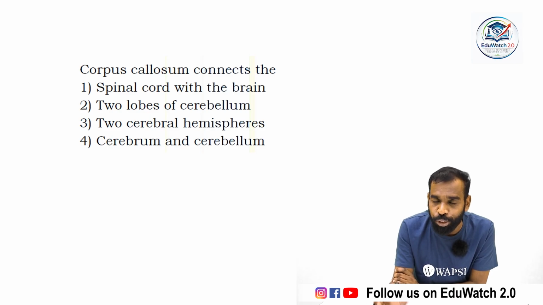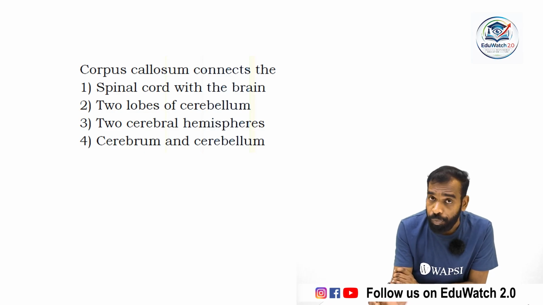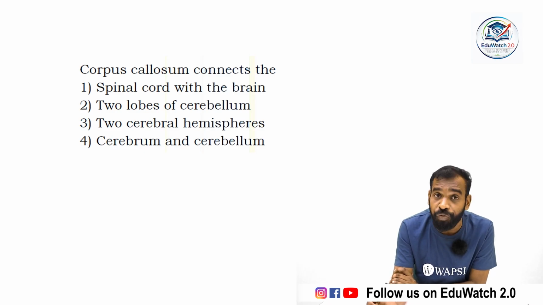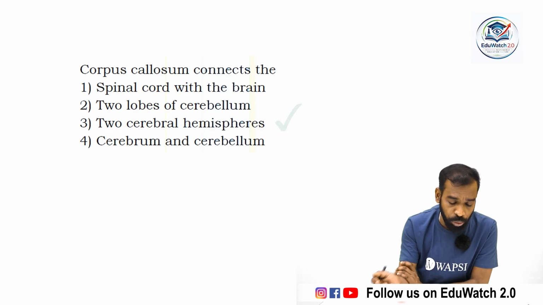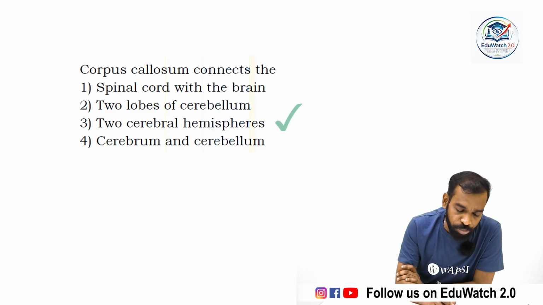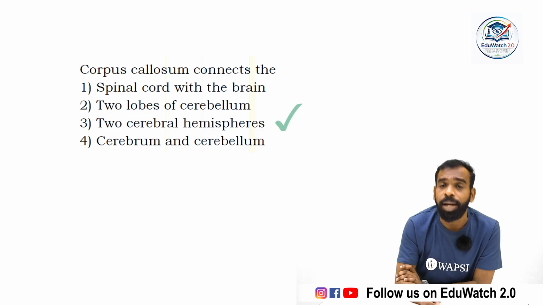We can go through the options. Option 1, spinal cord with the brain; option 2, lobes of cerebellum; option 3, two cerebral hemispheres; option 4, cerebrum and cerebellum. No doubt, the answer is option 3, two cerebral hemispheres.